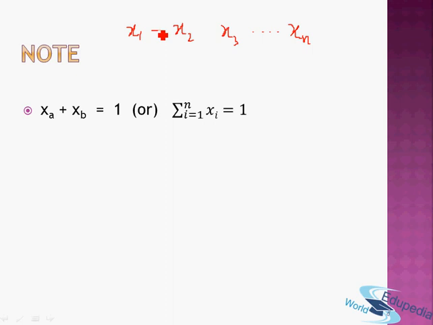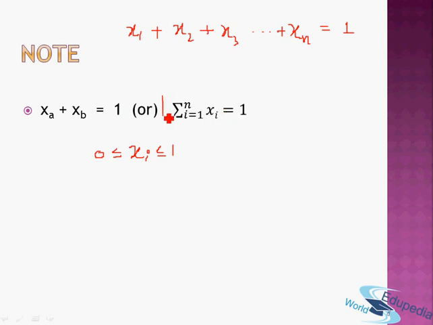These are all fractions, so they all lie between 0 and 1. If I add x1 plus x2 plus x3 up to xn, my sum is going to be 1. I have added the mole fractions of all the constituents, so I have the mole fraction of the whole solution, which is moles of solution divided by moles of solution, always 1.